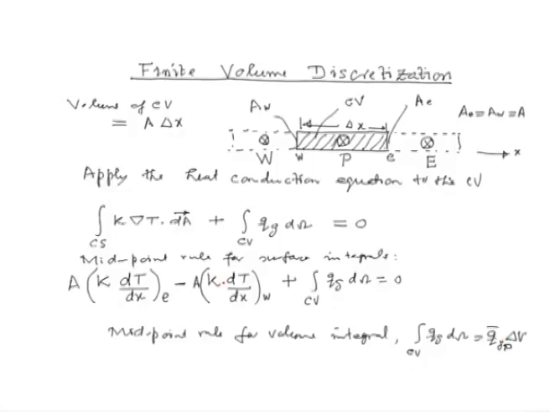Now, we have got these two derivatives in the diffusion term, dT by dx at E and dT by dx at W. So, let us use central difference approximation of derivatives.